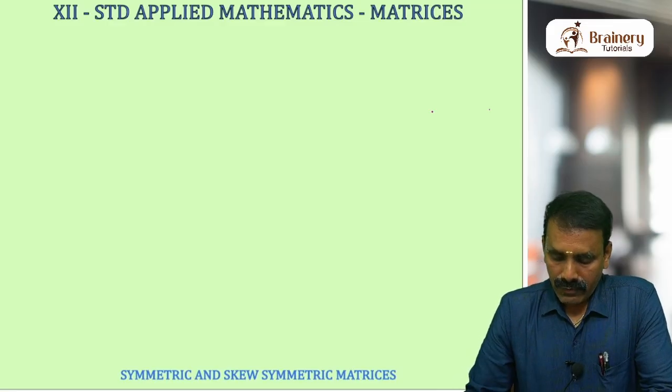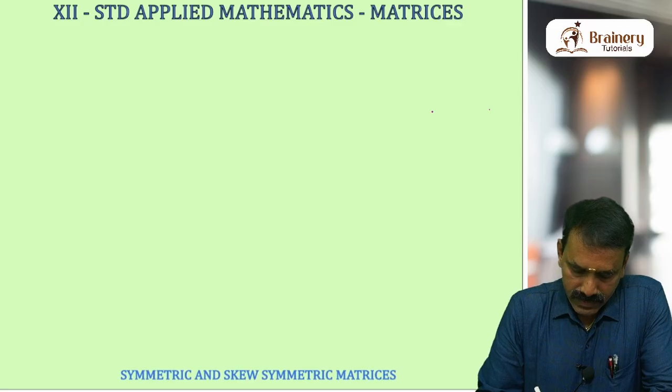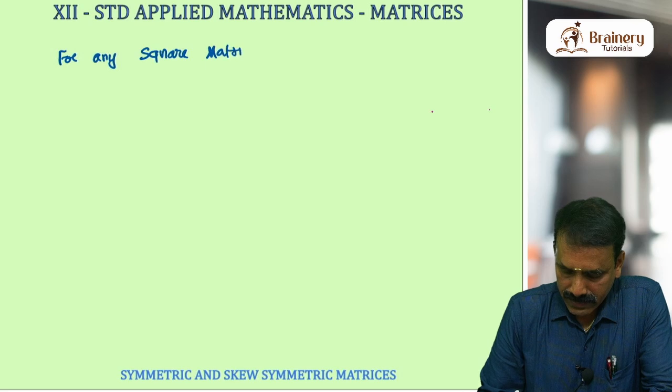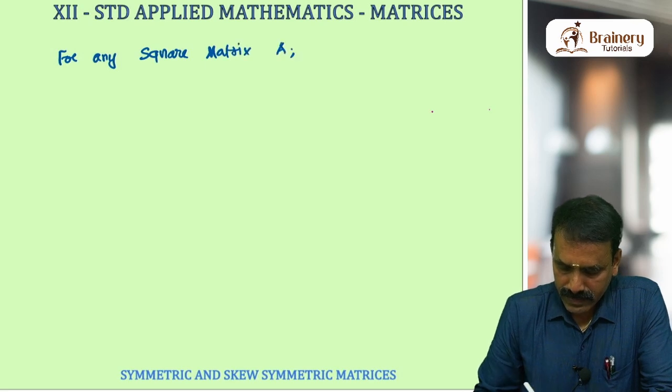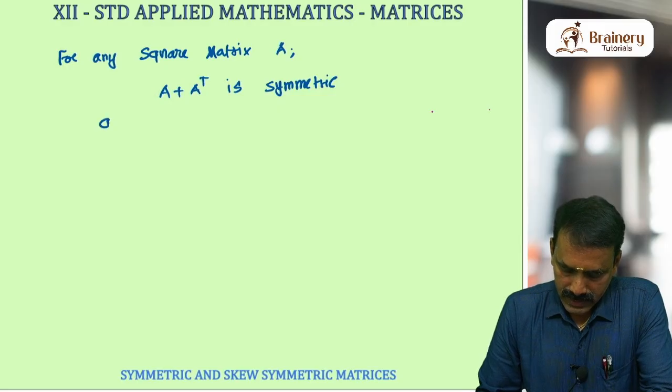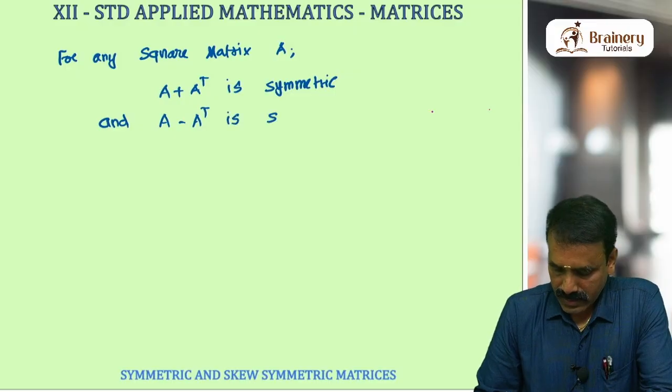We know that for any square matrix A, A plus A transpose is a symmetric matrix, and A minus A transpose is skew symmetric.